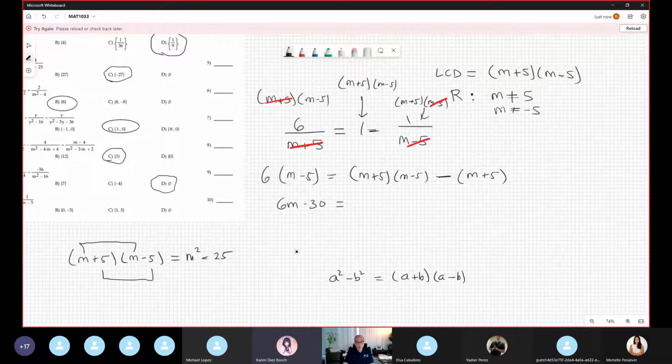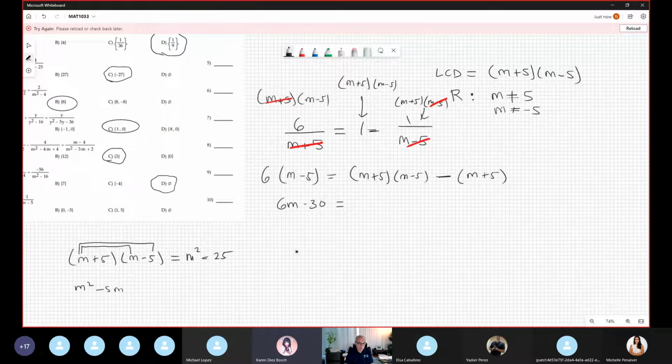Okay, if you want, I can prove it. Look, let me prove it quickly. Suppose I don't realize, I never see that. Okay, no problem. You FOIL: m times m is m squared. m times negative 5 is negative 5m. And positive 5m is 5m.